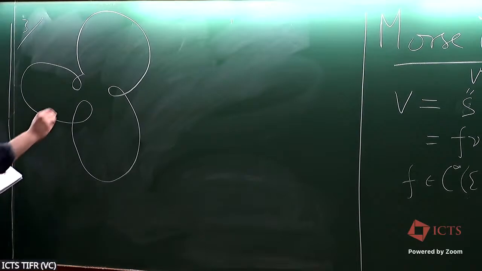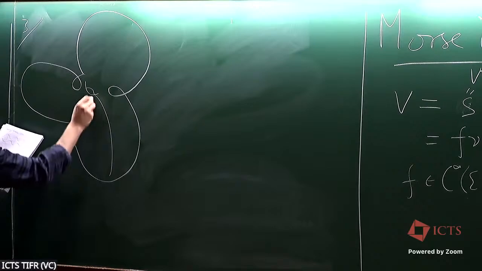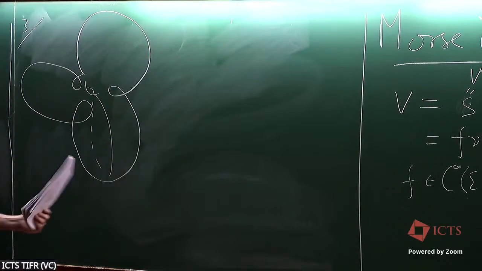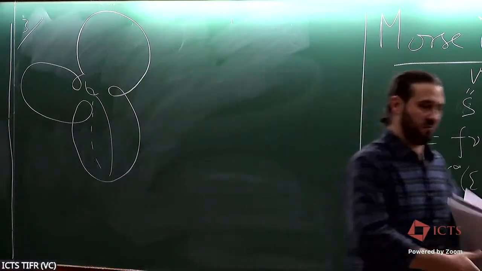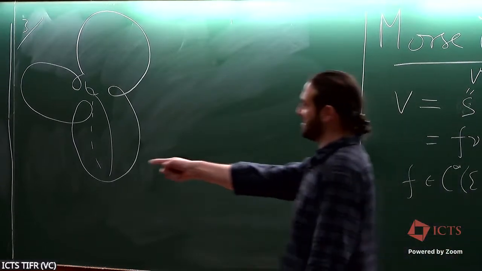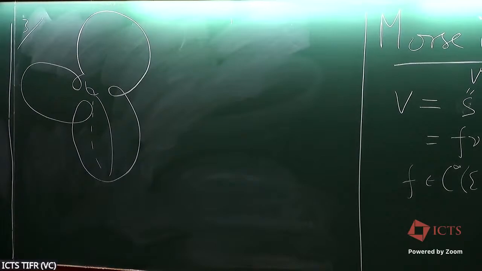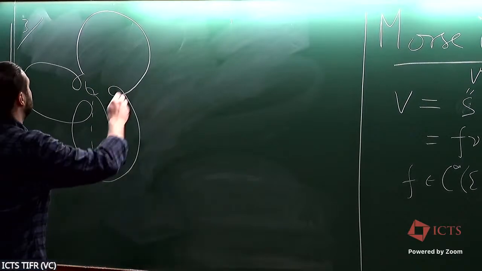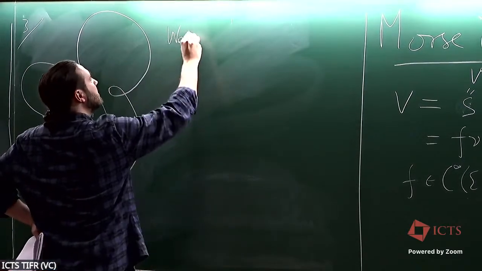I hope you've all seen a Wente torus before. This can't be the first time you've seen one. You can think of them as kind of bent around nodoids. If you pick this thing up and forced it to make a torus, you'd end up with something like that. And so these are Wente tori.